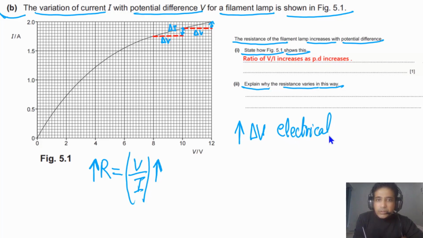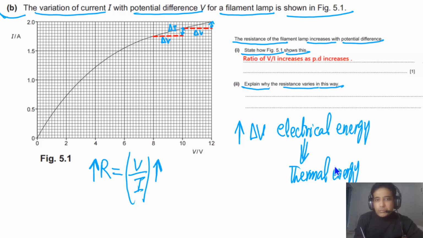In this case current increases, and more electrical energy is converted into thermal energy. So if more thermal energy is produced, the temperature of the resistor will increase, and as the temperature of the resistor increases, its resistance also increases. So these points we need to understand.